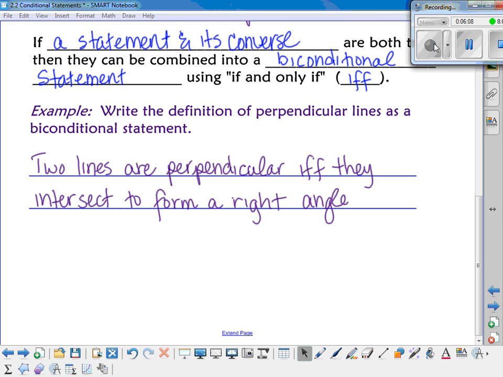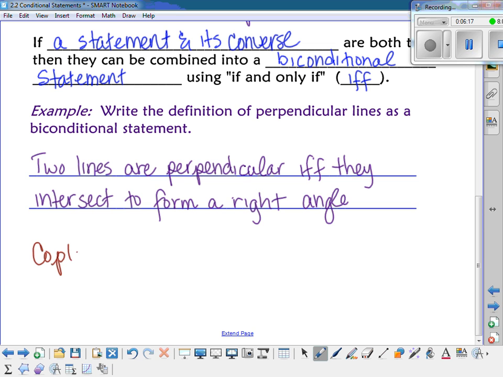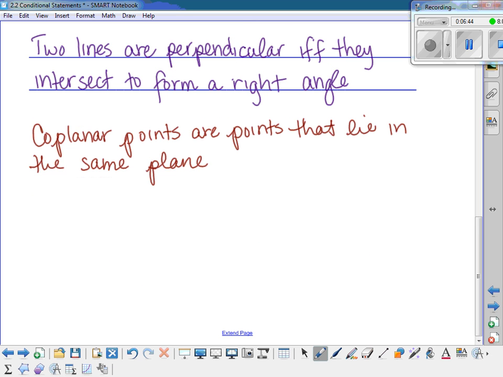Another example would be if we were talking about the definition of coplanar points. So coplanar points are points that lie in the same plane. So you can write this as a biconditional statement because the original conditional is, you would say, if points are coplanar, then they lie in the same plane.